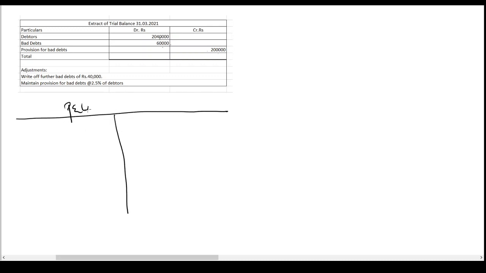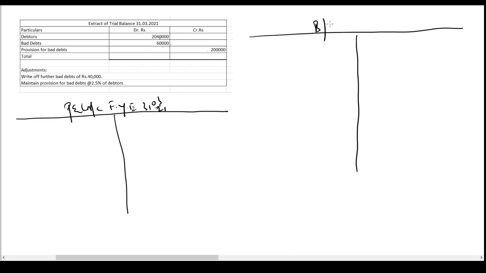This is the profit and loss account for the year ended 31st March 21. Balance sheet as on 31st March 21.